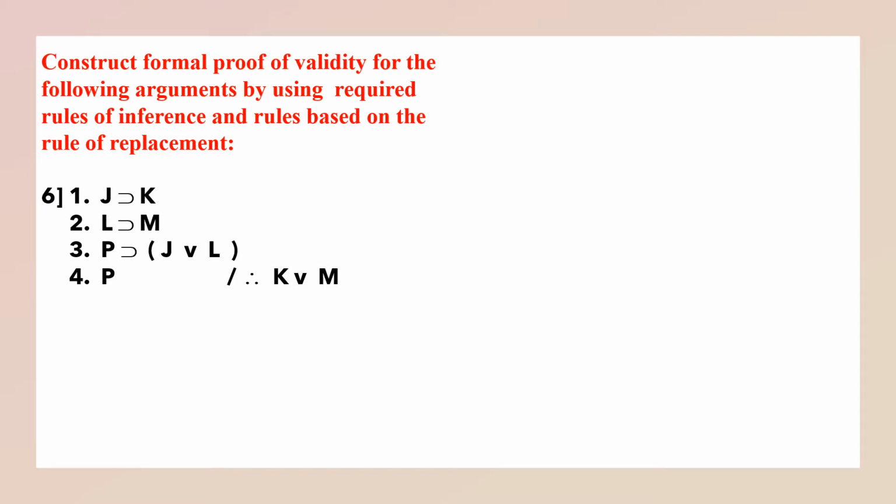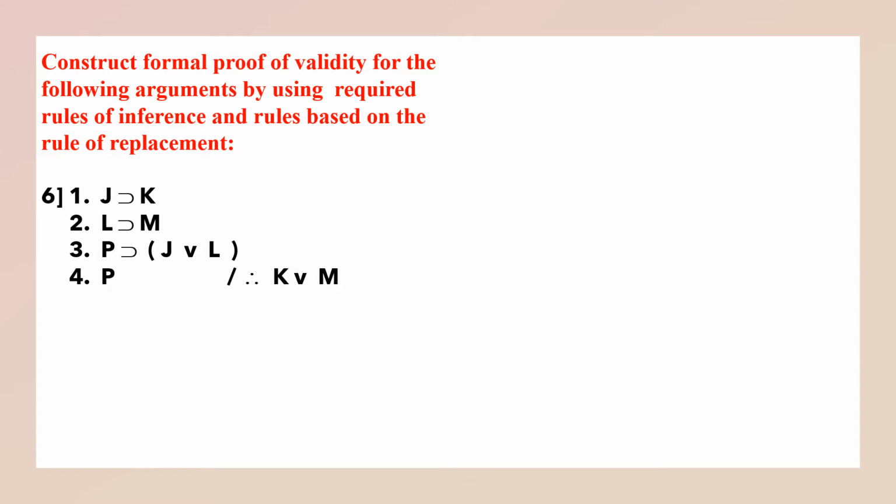Construct formal proof of validity for the following arguments by using required rules of inference and rules based on the rule of replacement. The given argument is J implies K, L implies M, P implies (J wedge L), P, therefore K wedge M. What do you want?